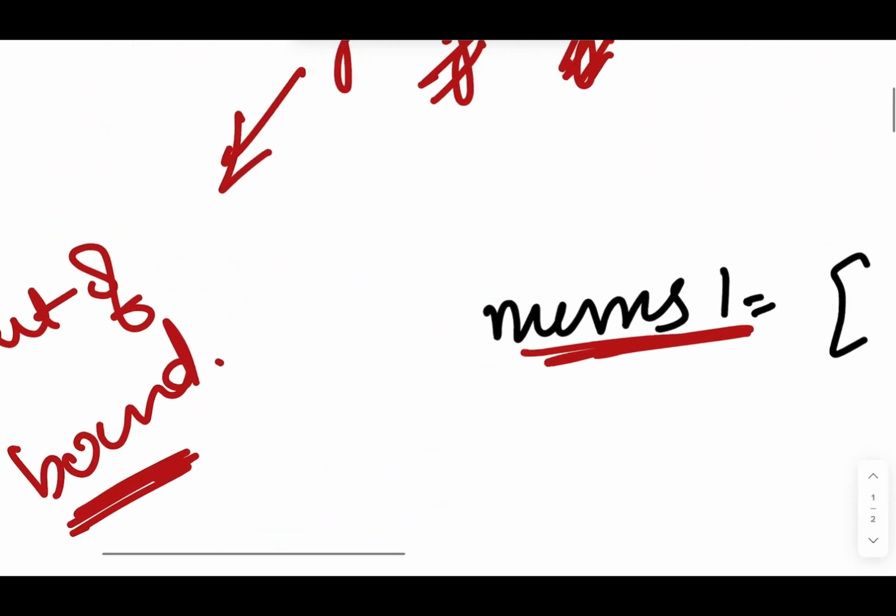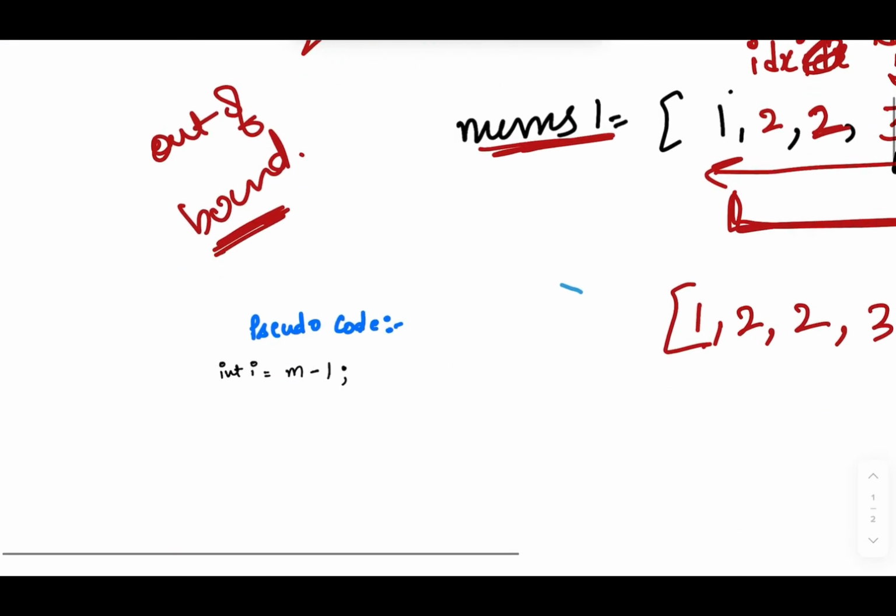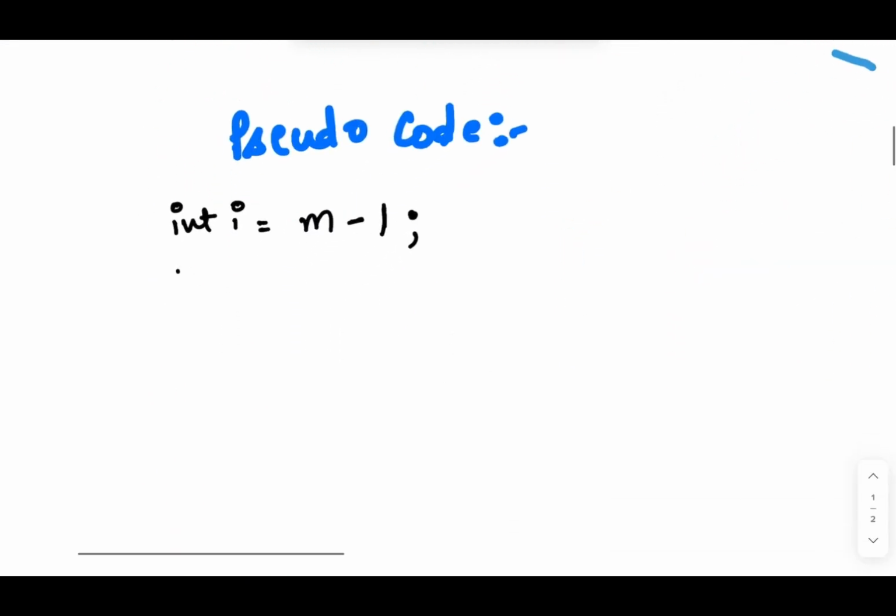Why? Because there were 3 elements, 1, 2 and 3, and our array is 0 based indexing. So I will become m minus 1. Similarly, we have placed the j pointer, it will be at n minus 1.